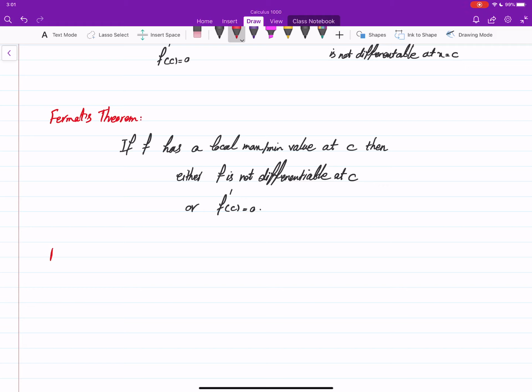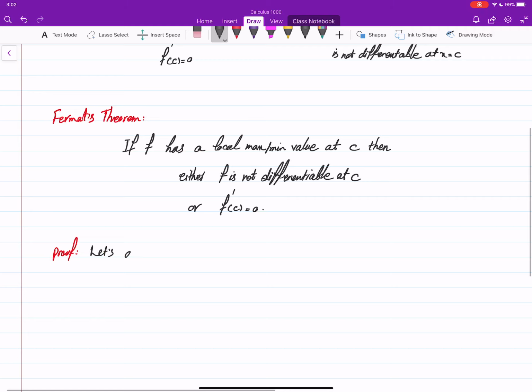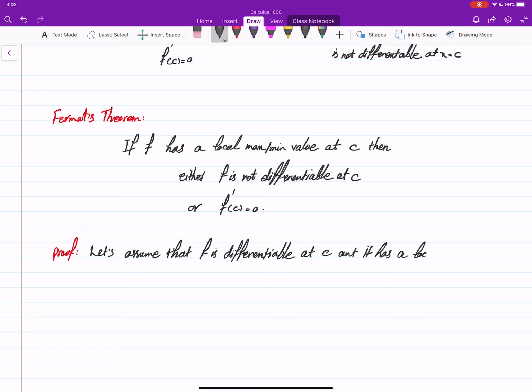Let's see a proof of the case where we have a local max. So let's assume that f is differentiable at c and it has a local max at x equal to c.